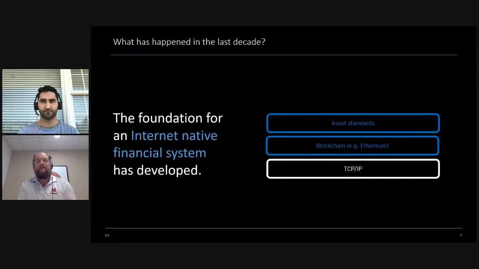So enter the Ethereum network around 2016. What Ethereum managed to accomplish was the deployment of a permissionless blockchain network that was robust enough to support multiple different types of digital assets. This was accomplished through the development of a standard way to represent assets on the blockchain.